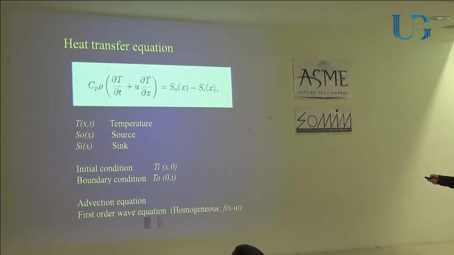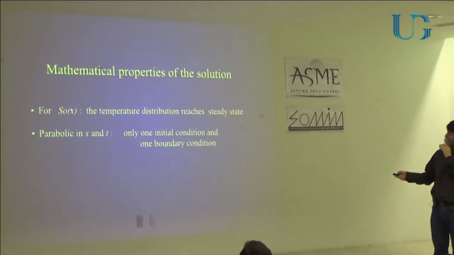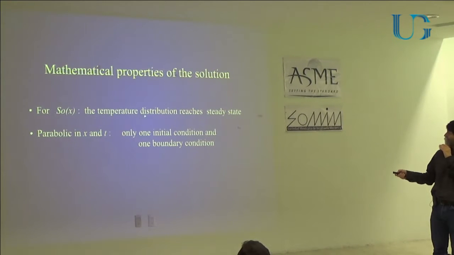We ignore this term, and the solution will be very simple. The integration of this term equals something that depends only on x, which can be done easily because u is known. So if the internal source does not depend on temperature, then the temperature reaches a steady state.